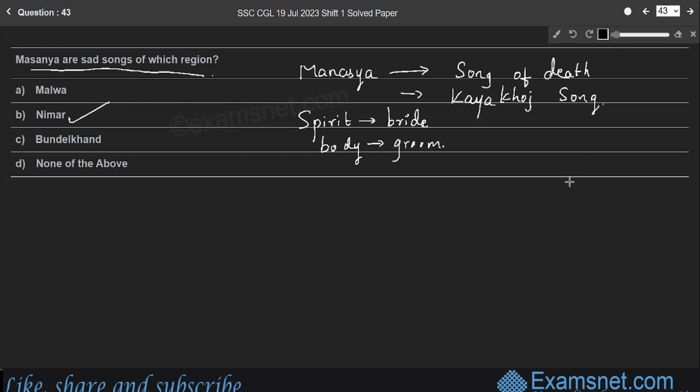It is prohibited to sing Manasya songs on occasions other than death. These songs are sung in a group with accompaniments such as mridang, jhanj, and ektar. So in the Nimar region, the Manasya songs are sung. Option B is the right answer.